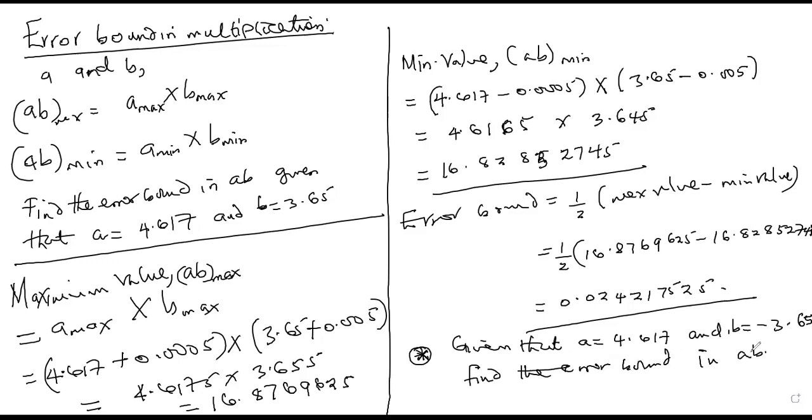Find the error bound in AB. So that is our question that we should do, and let's see what you will get. Regardless of the negative, the logic stays the same.